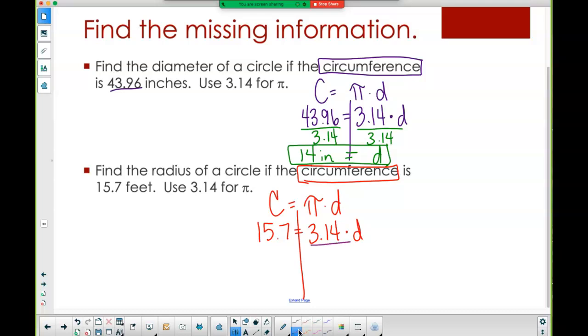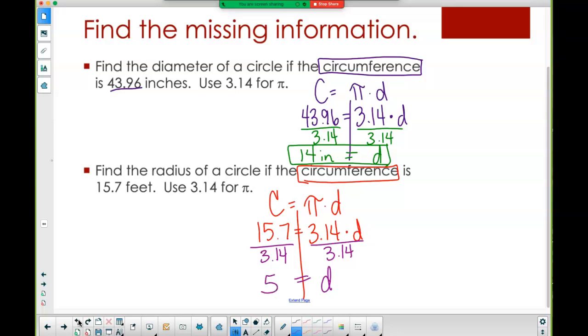We're going to divide by 3.14. So what does d equal? I got, Remy, what'd you get? 5. Does that answer this problem?